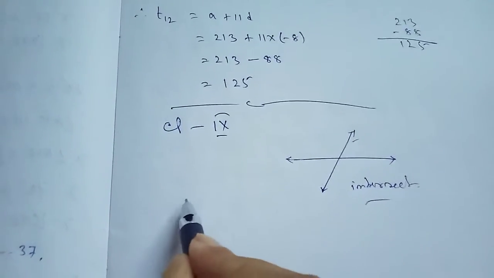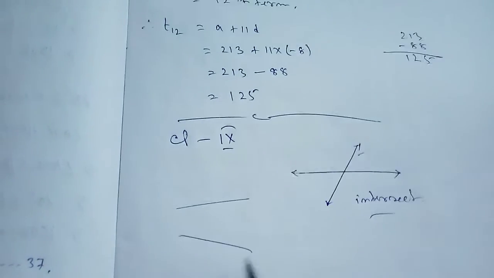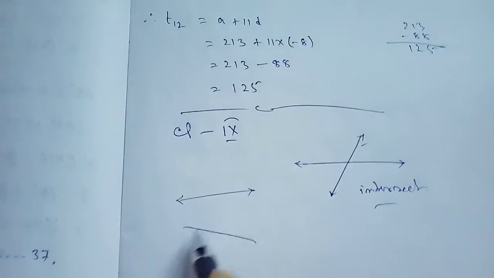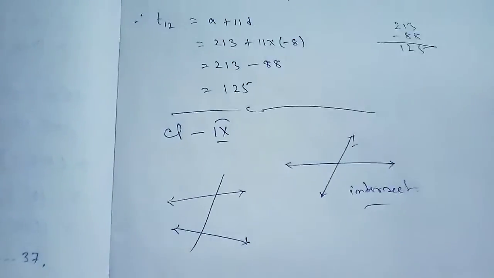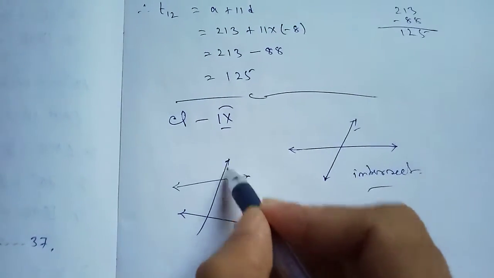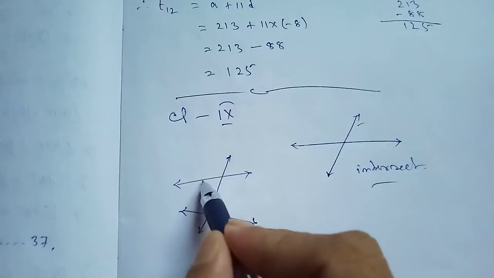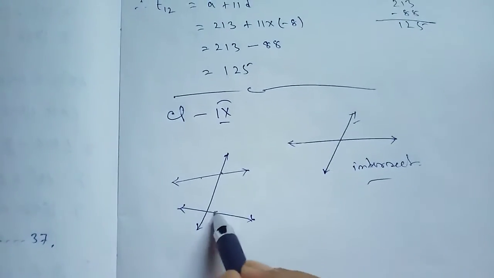Now, suppose this is one line, this is another line. Two lines. Now cut here. See, this line intersects this one at this point, and intersects this one at this point.